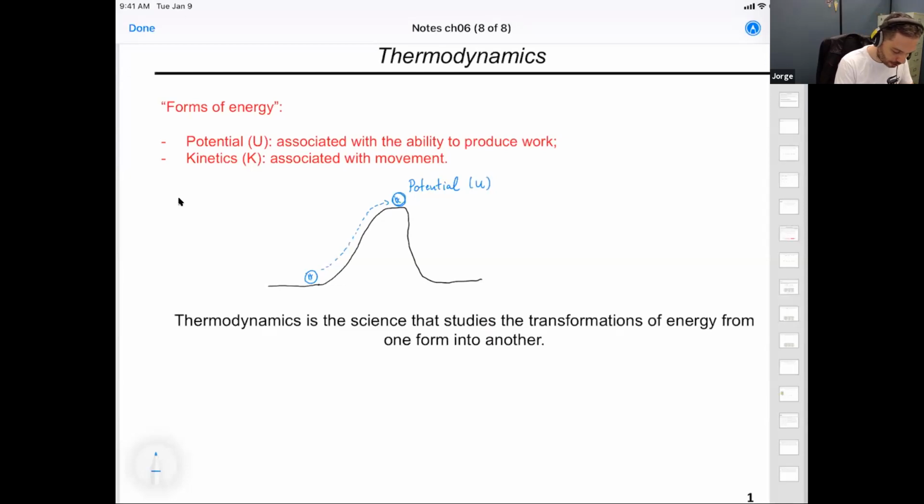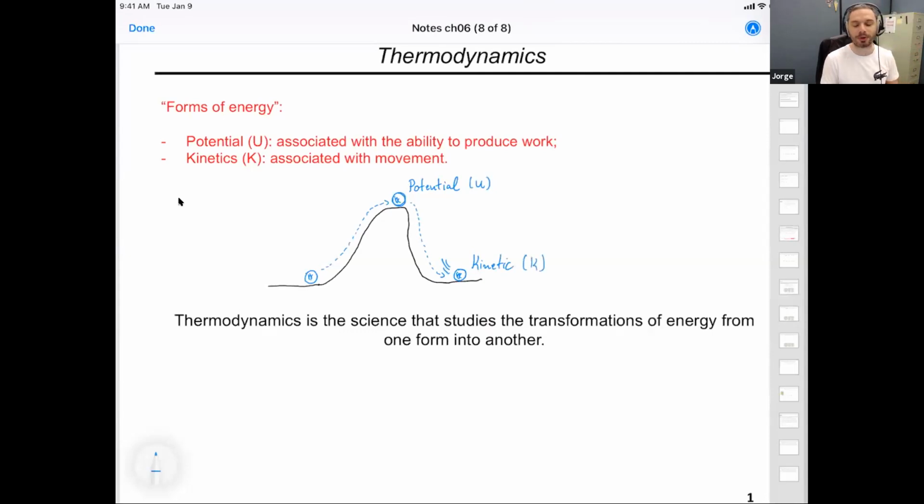And once the body goes down the hill, all the potential energy now is transformed into movement, and at the bottom of the hill, this body has only kinetic energy.